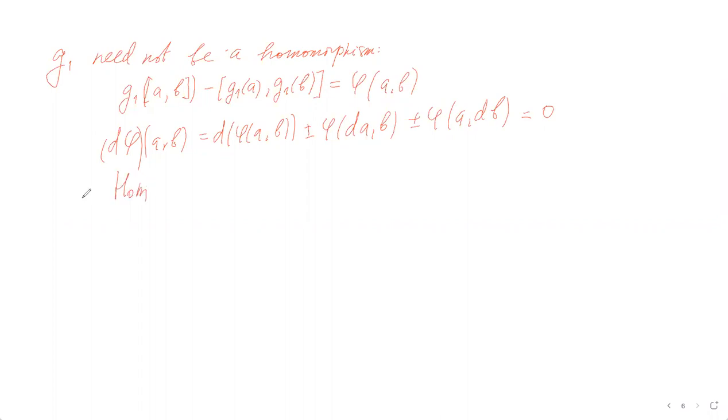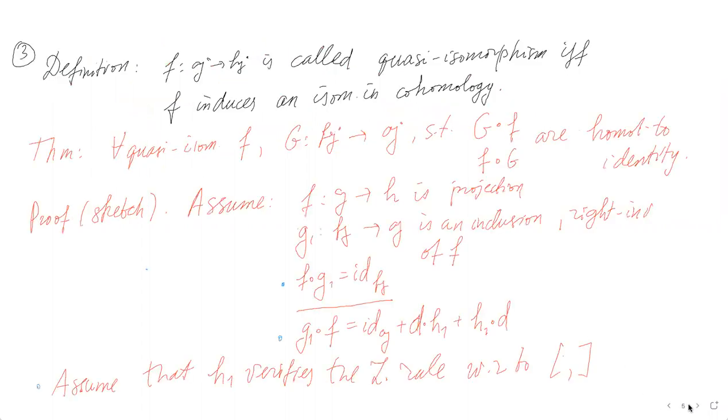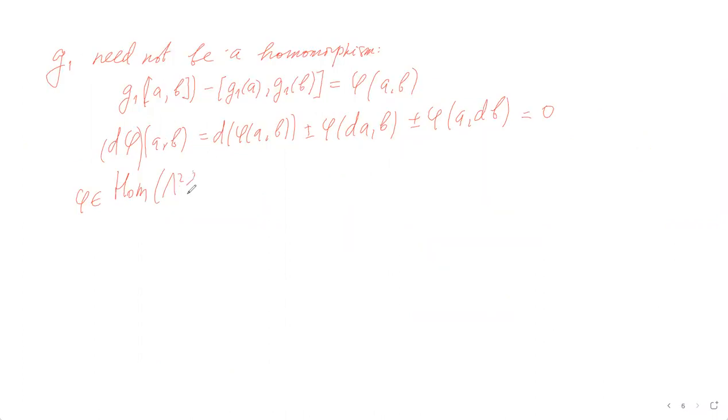Yeah. So phi is an element of lambda 2 of H into G, sorry, I think it is inverse, right? Yeah, it is inverse. Lambda 2 of H to G, and it commutes with the differential.